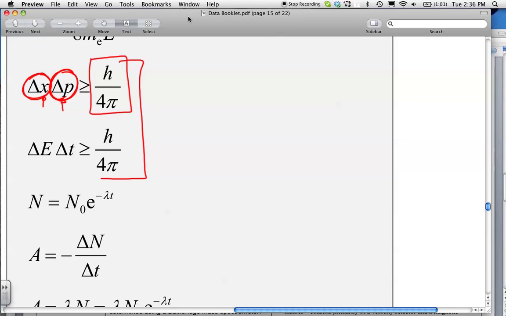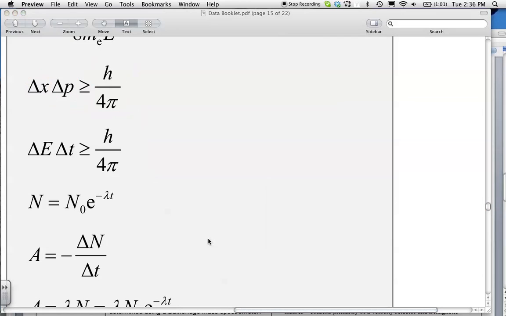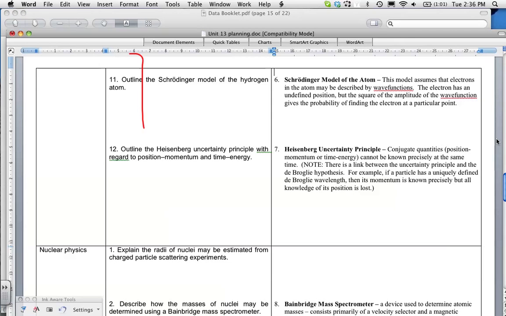Now, this links up in some way with de Broglie's hypothesis, as it says over here. It says, for example, if a particle has a uniquely defined de Broglie wavelength, then its momentum is known precisely, but all knowledge of its position is lost.